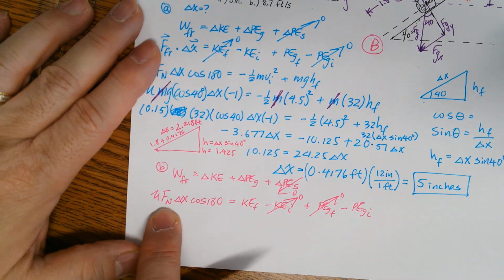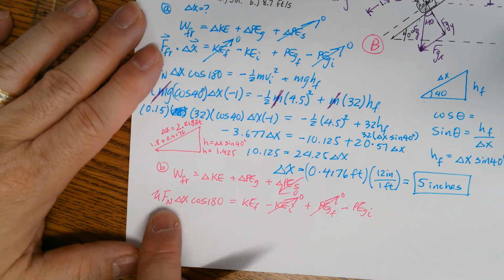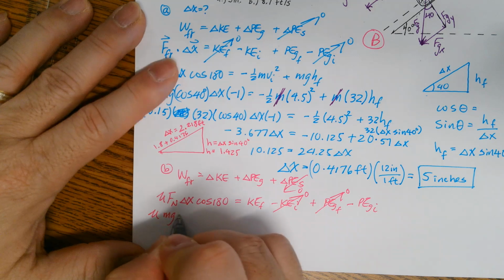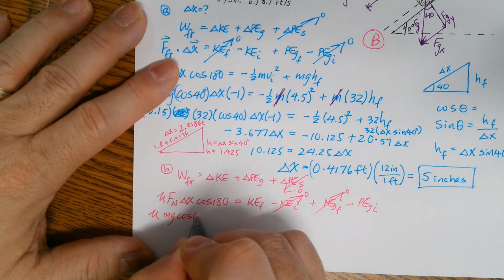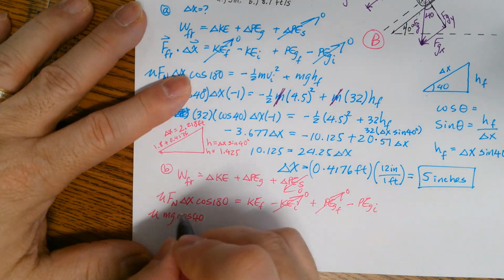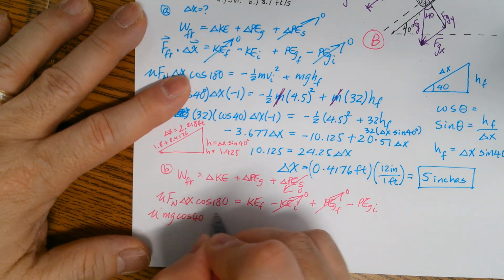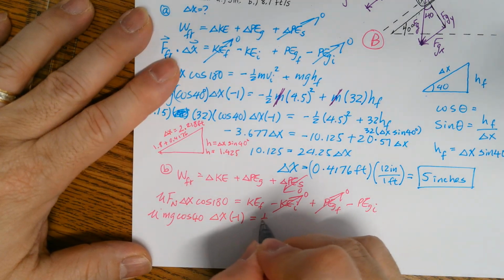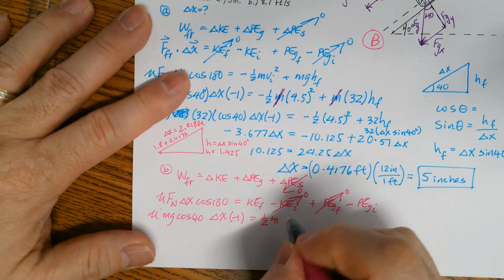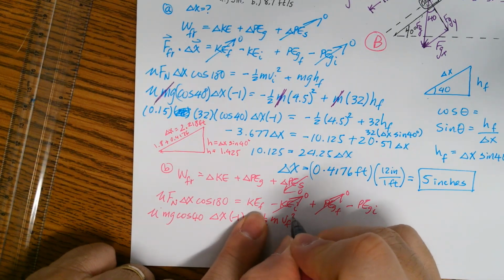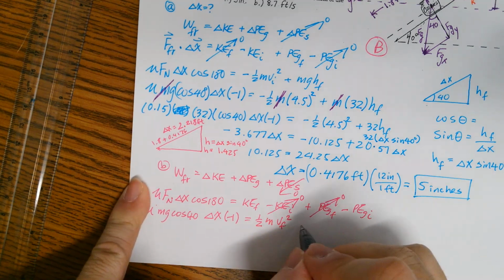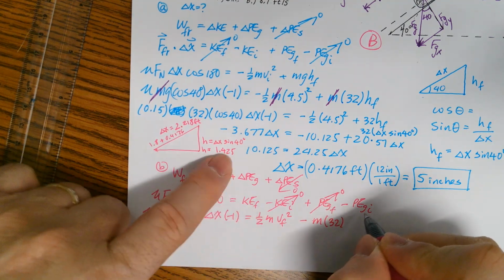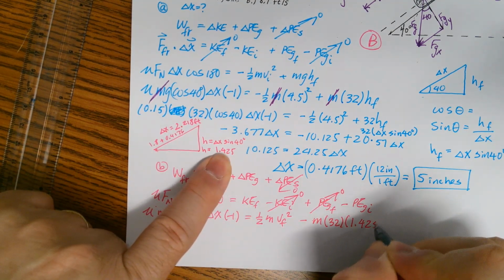We know F normal is mg cosine theta. So mu times mg cosine 40 degrees times delta x times -1 is equal to 1/2 times m VF squared, which is what we're looking for, minus m times 32 times height, which is 1.425.